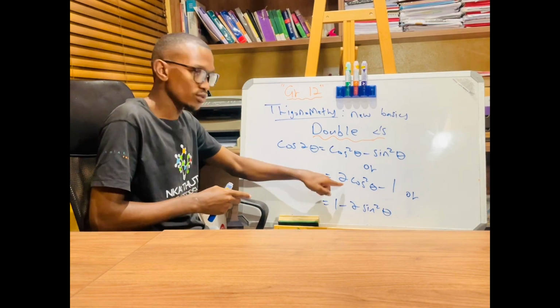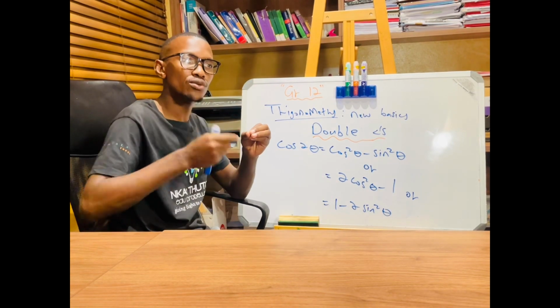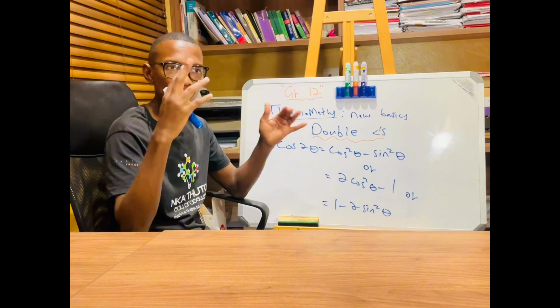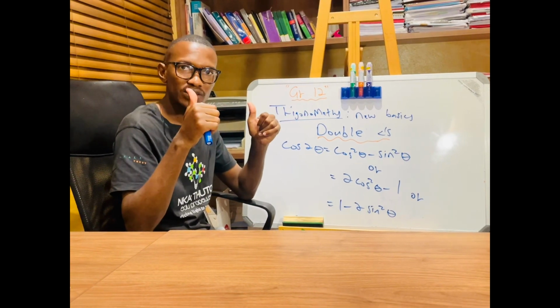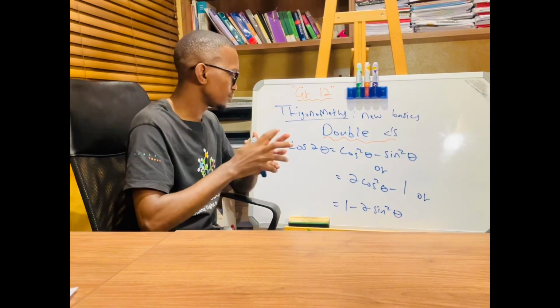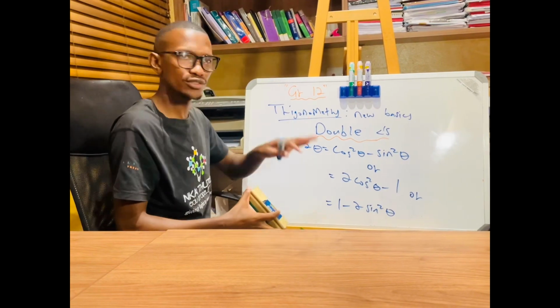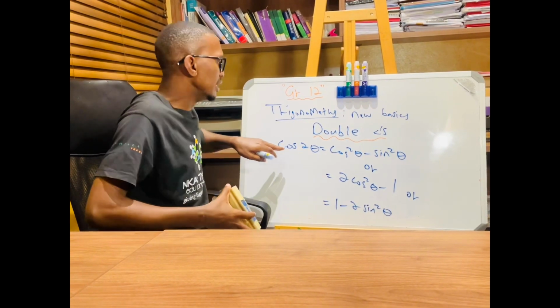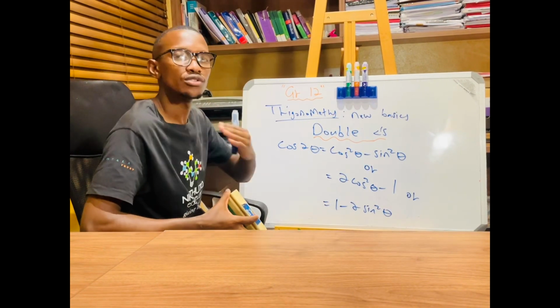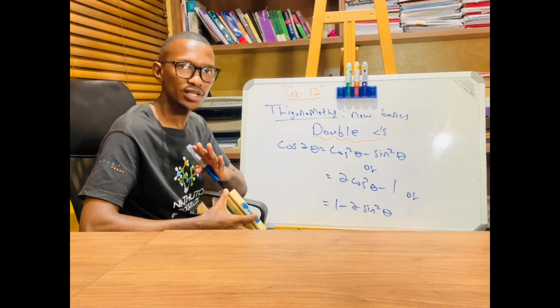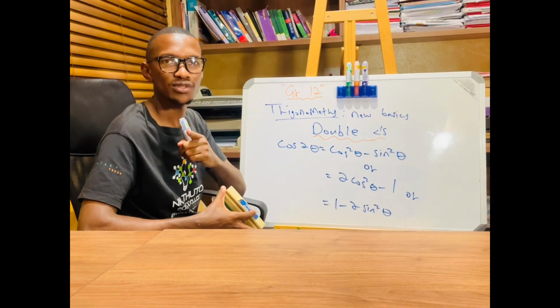You have to use the one that is going to cancel out with the other, so that at the end of the day you have a lovely result. Don't rush. It's going to become tricky if you don't check.